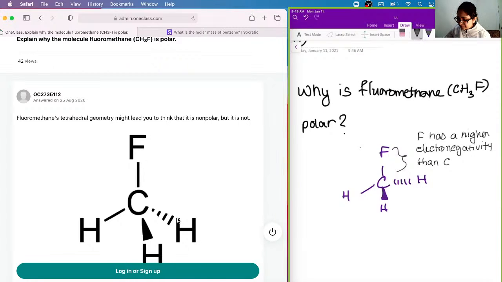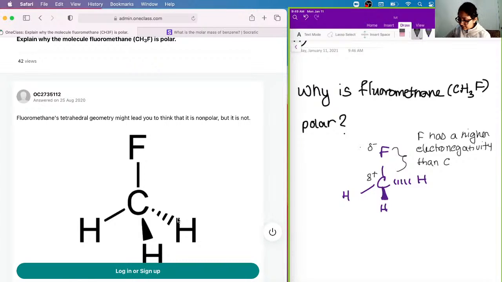So this is why the fluorine is slightly more negative than carbon, and this is how we would write it. And so this is why this makes the molecule polar, even though it is a tetrahedral geometry.